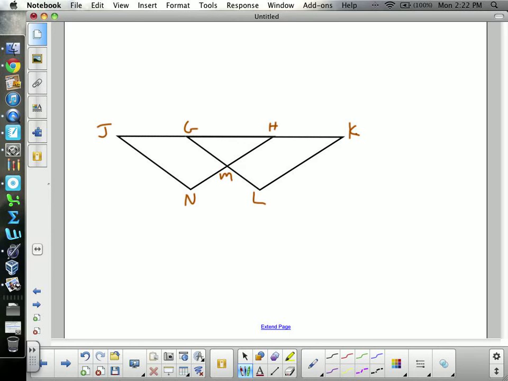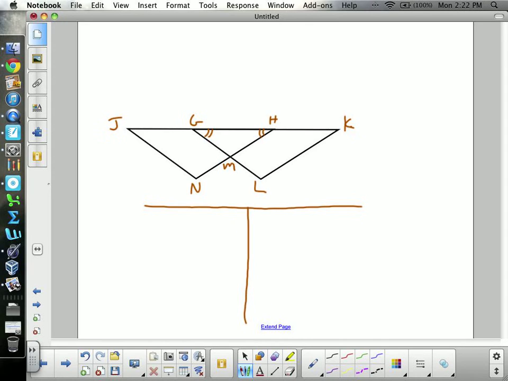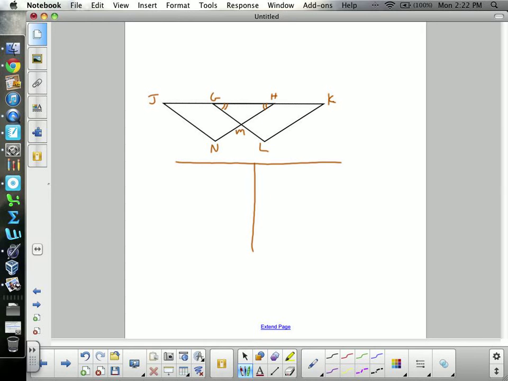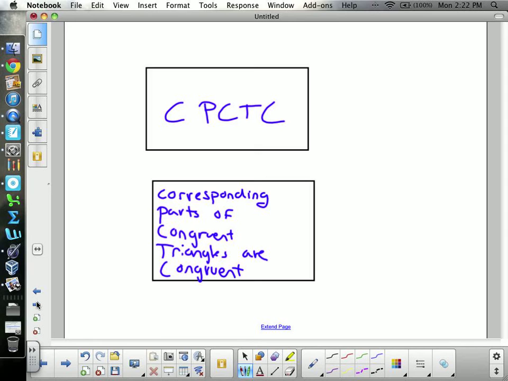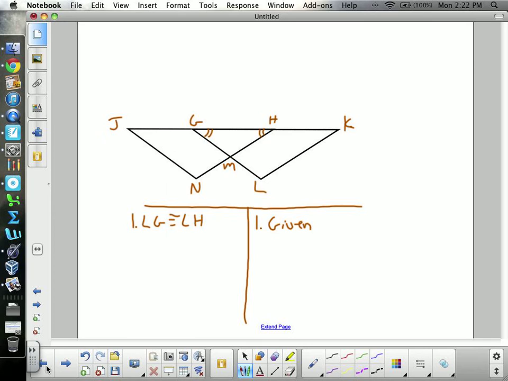All right, so in this one, we were given angle G is congruent to angle H, so let's start listing our givens. We were also given, whoops. You know what number this was? 7. Oh, thank you. Okay. We were also given angle N congruent to angle L. Actually, I should be more specific with G and H here.